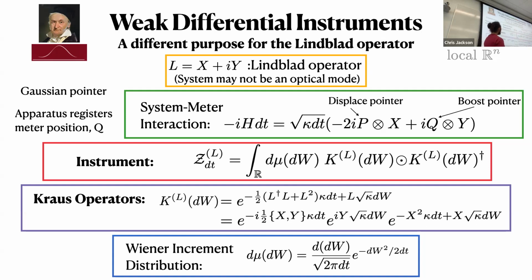So if you do this kind of measurement, then your Kraus operators look like this. Maybe you'll recognize this looks something like the Wiseman measurement, except L now could be anything, depending on what you're doing. I find it useful to decompose it in this way. If you write this in real and imaginary parts and set the real part to 0, then this is 0 and this is 0, and all you're doing are random unitaries.